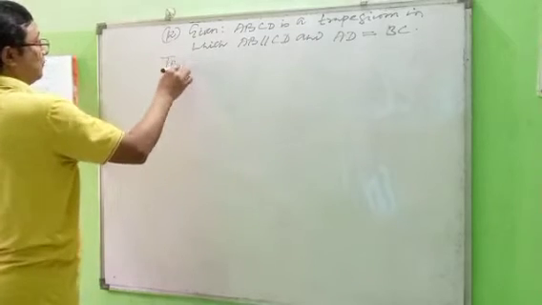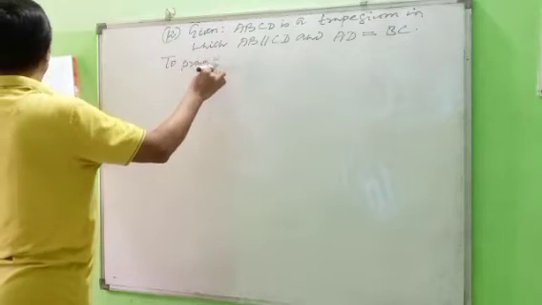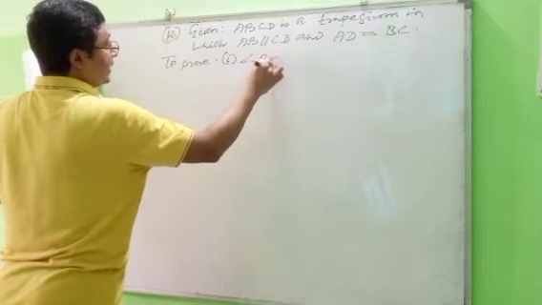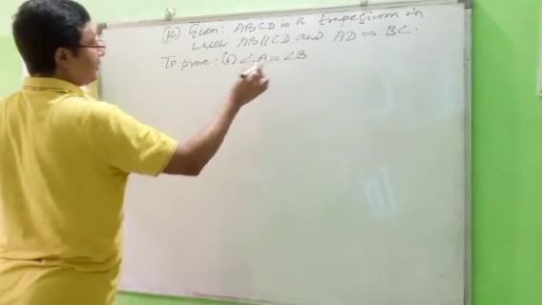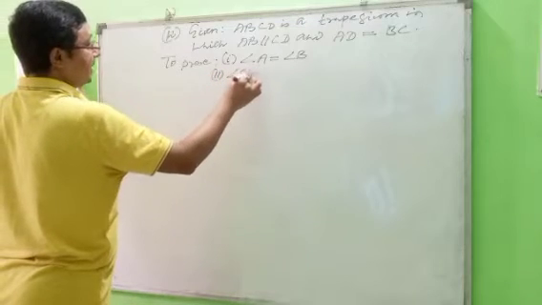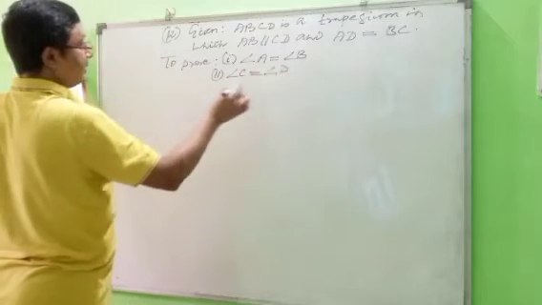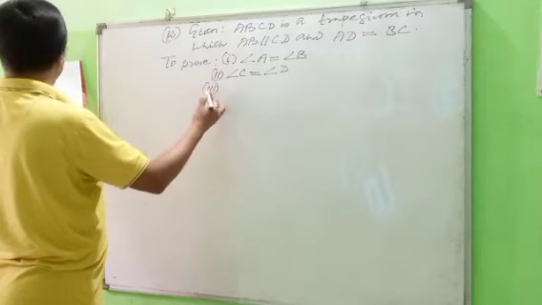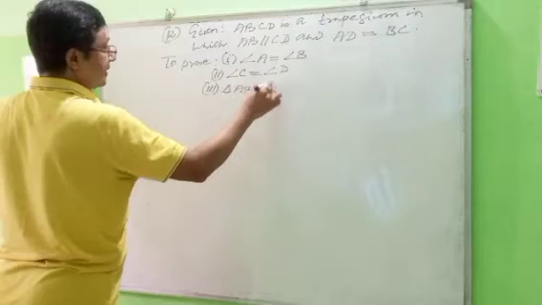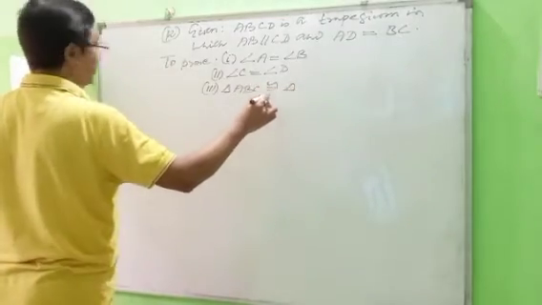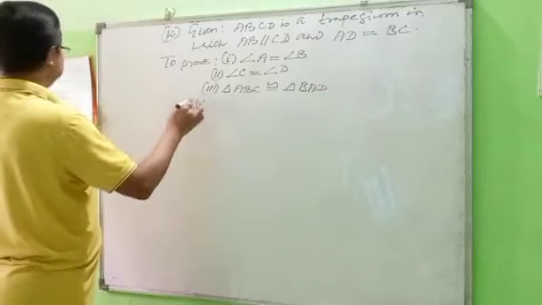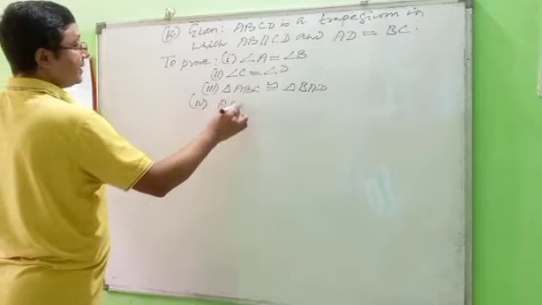Now to prove: number 1, angle A equals angle B. Number 2, angle C equals angle D. Number 3, triangle ABC is congruent to triangle BAD. And the last one is AC equals BD.